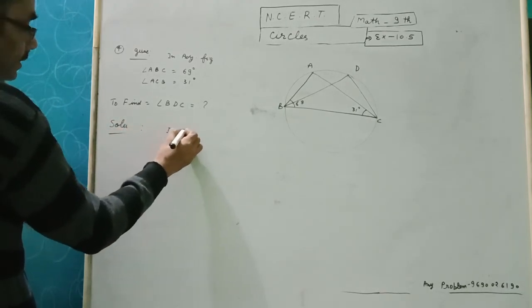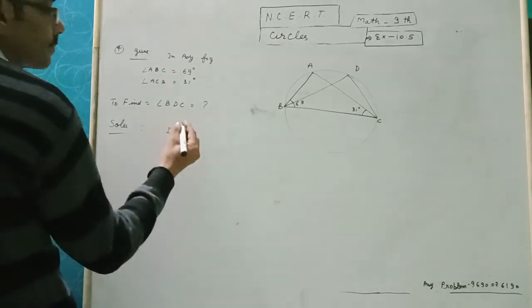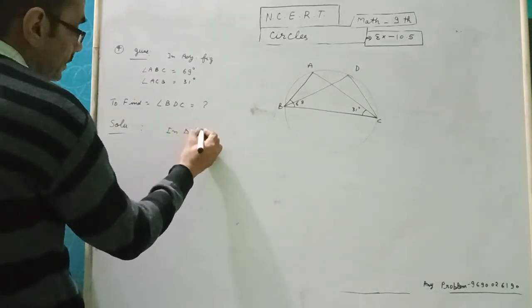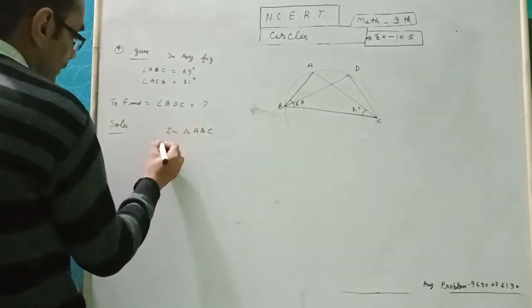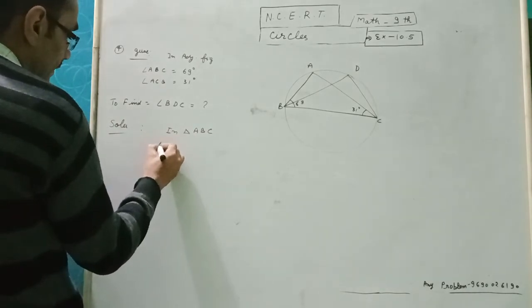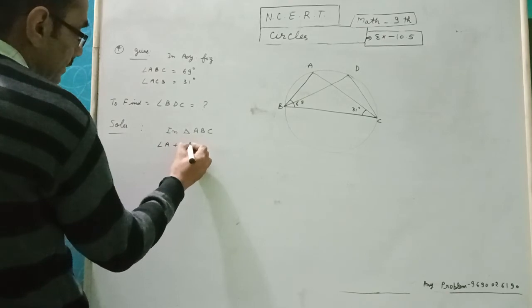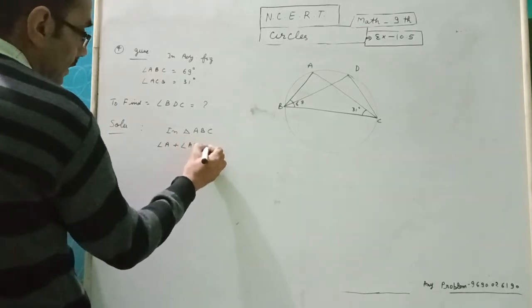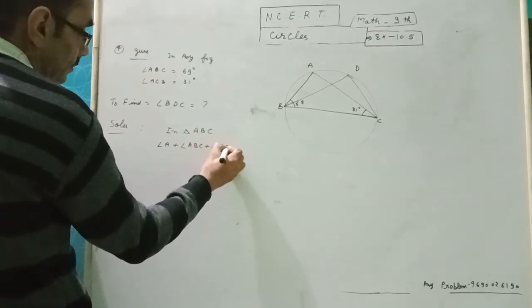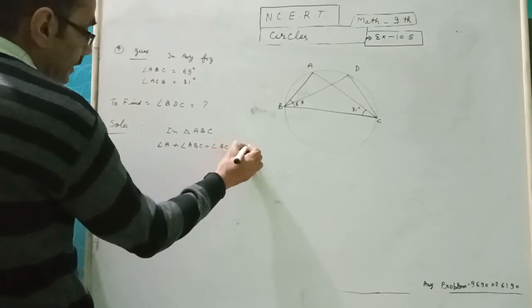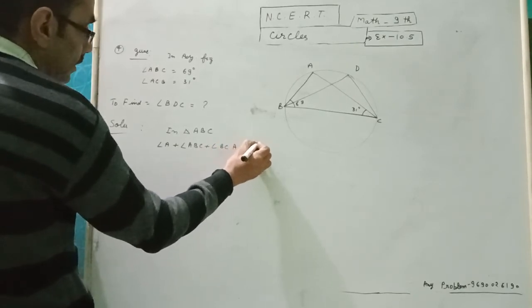In triangle ABC, angle A plus angle ABC plus angle BCA is equal to 180 degrees.